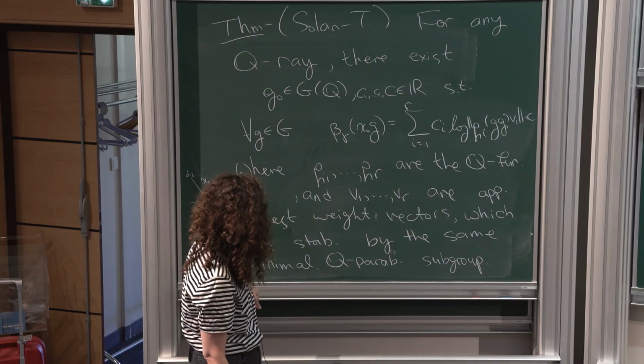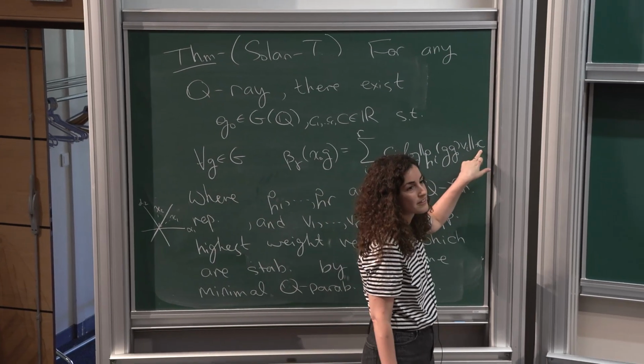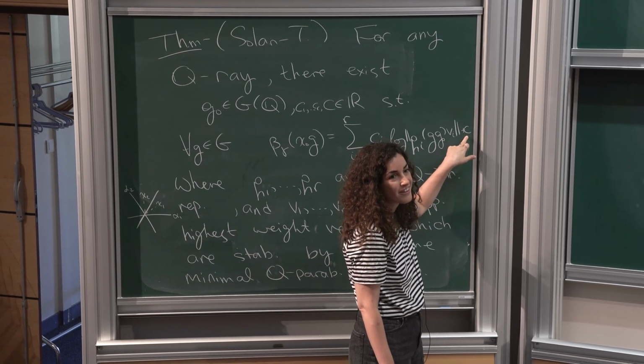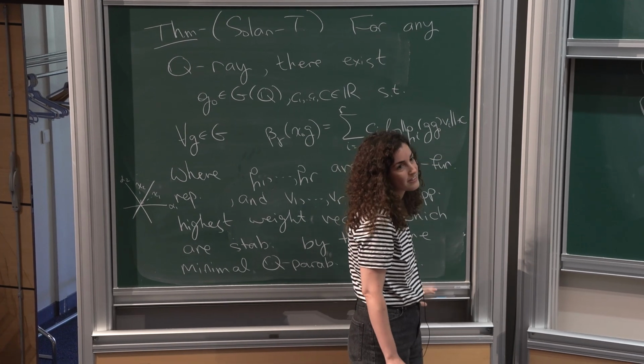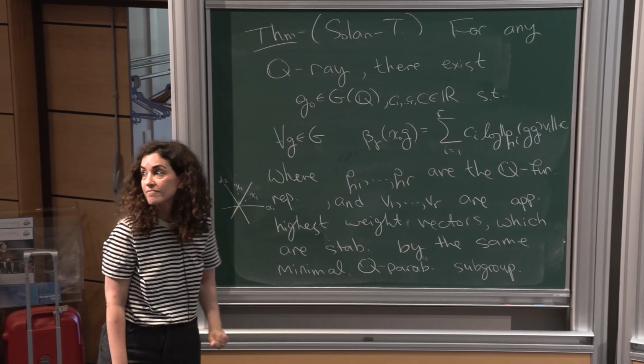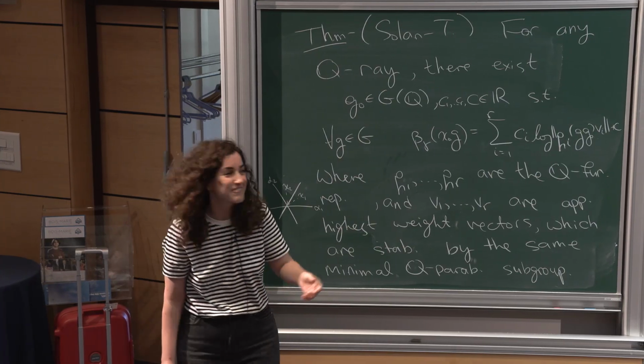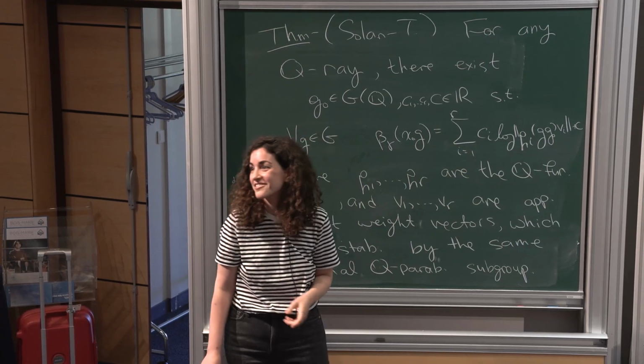What's the c at the end? So this is some additive constant. What norm do you choose? Your favorite, it doesn't matter, because you have c_i, so it should be okay.